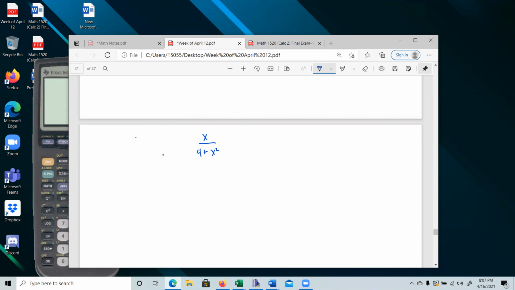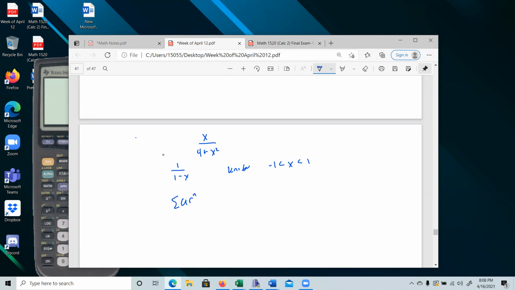Now, where does this come from? Remember, if I have 1 over 1 minus x, and I know that x lives in the region between negative 1 and 1, can I make a power series out of this? Of course the answer is yes, because you remember that's the sum of r to the n.